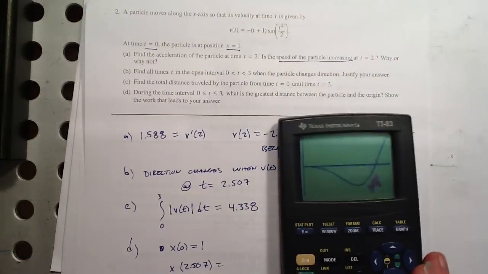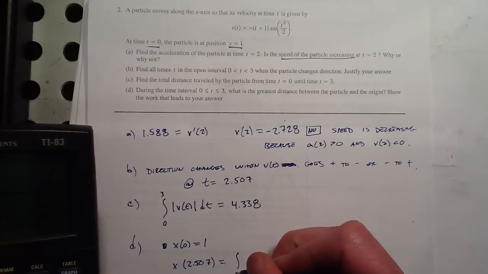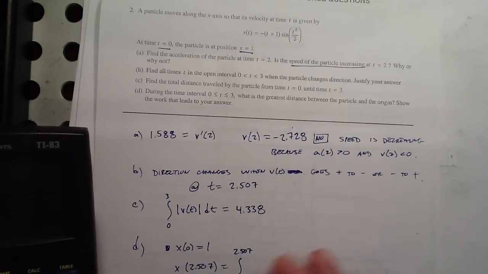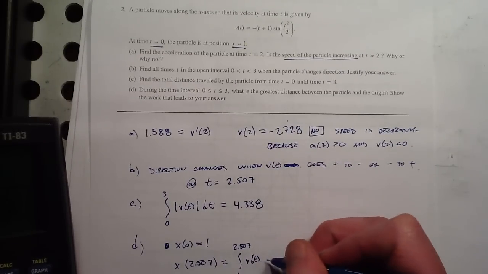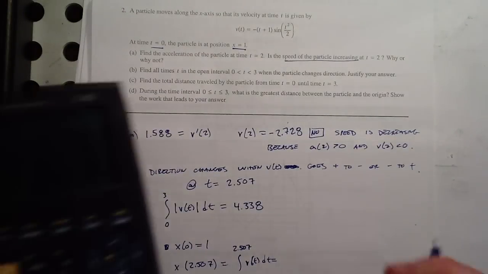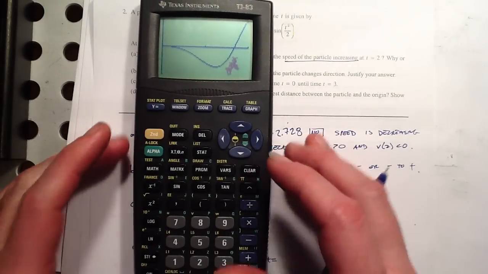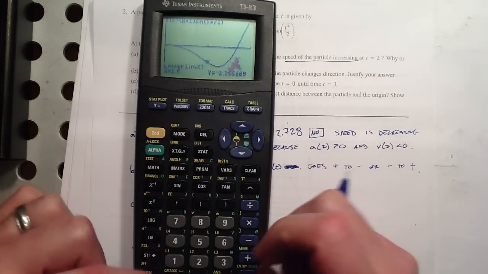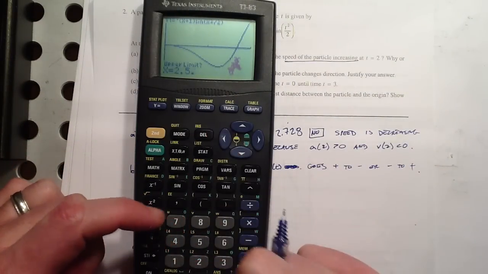Well, we need to find that displacement. The displacement from 0 to 2.507 is the area under the velocity curve. I'm going to go from 0 to 2.507.